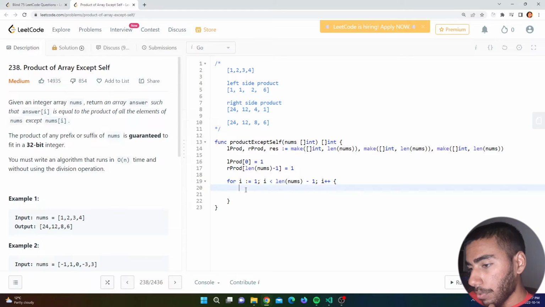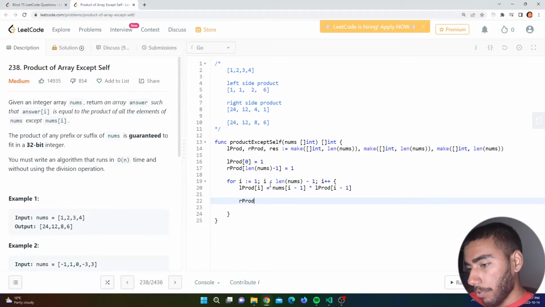For the left product at index I, we're starting off at 1, which is this one here, and we just need to multiply by this number here to get this one. So 1 times 1 is 1, 1 times 2 is 2, 2 times 3 is 6. So this is equal to nums at index I minus 1 times L prod at index I minus 1.